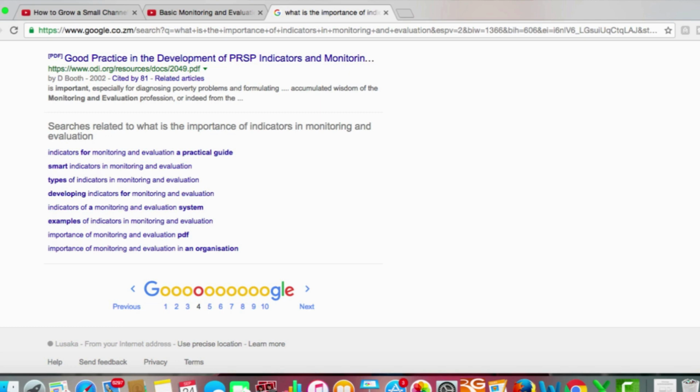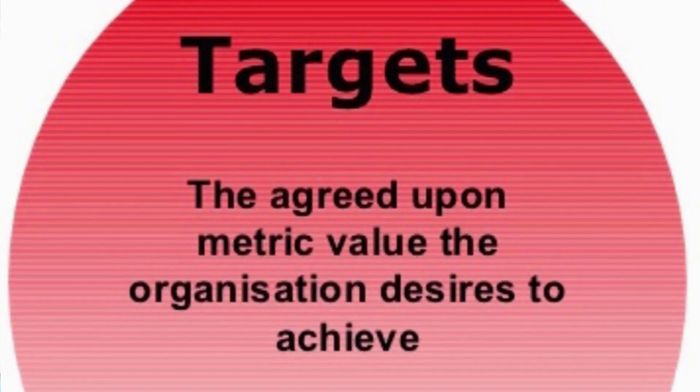The second importance of indicators, dear friends, is that they give you the basis to set targets. In case you don't know what targets are, let's say you're working for a multi-million company, maybe you're a software designer. Your target could be, in the next 5 years, you want to own your own software company.